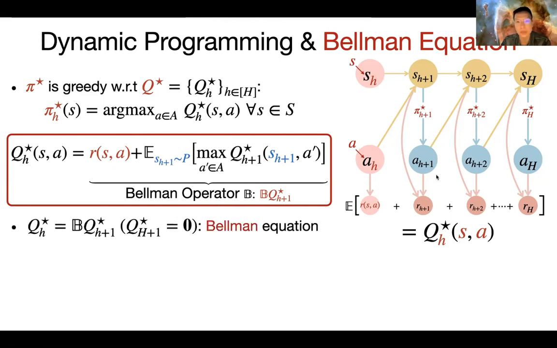Because we consider this episodic case, there's no reward after capital H time step. So in other words, the very last value function, Q_{H+1}, is a zero function. So starting from here, we can go backwardly and use dynamic programming to compute all those optimal value functions.